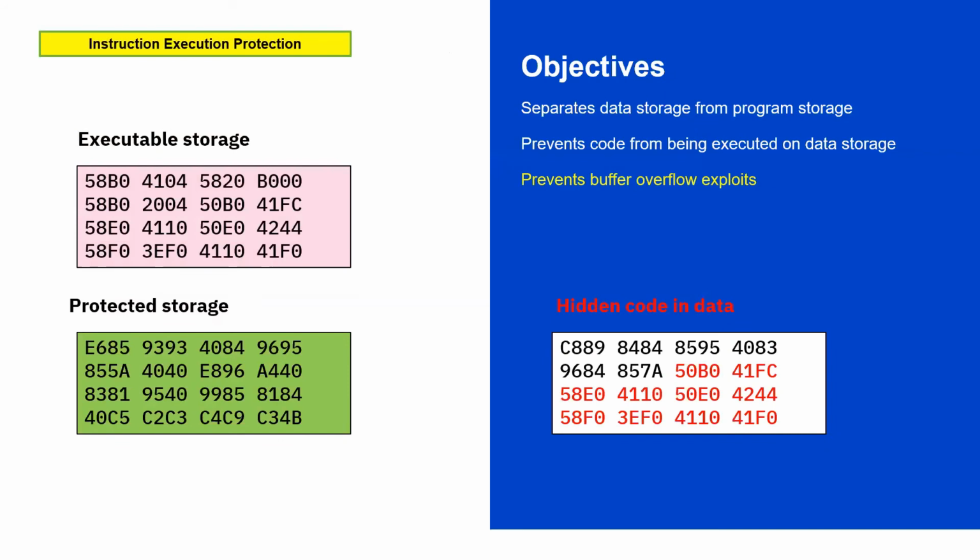So finally on this section is something about a new feature of the z14 called Instruction Execution Protection. It provides the ability to separate out program and data storage. When configured, code can only run on executable storage and not on data storage.